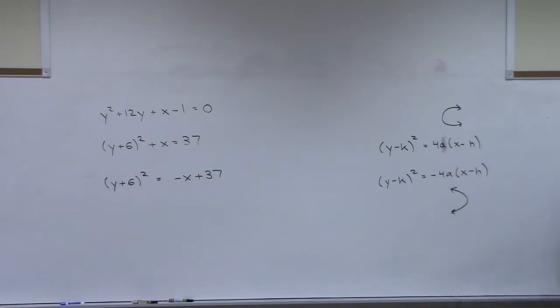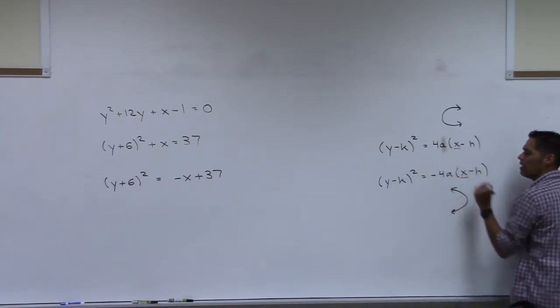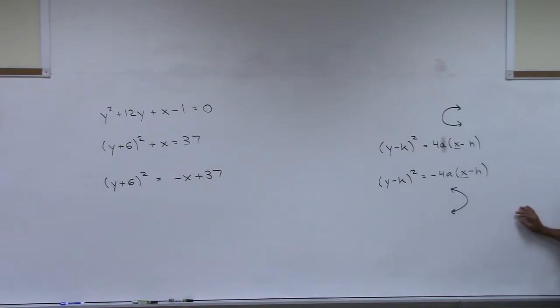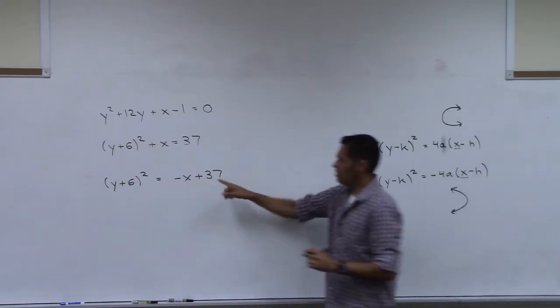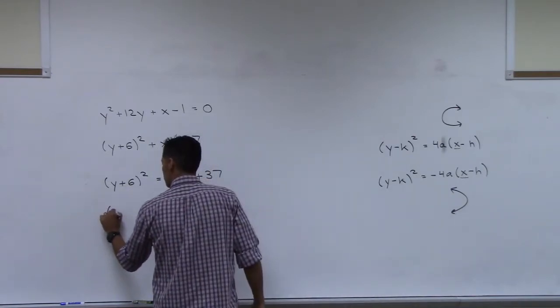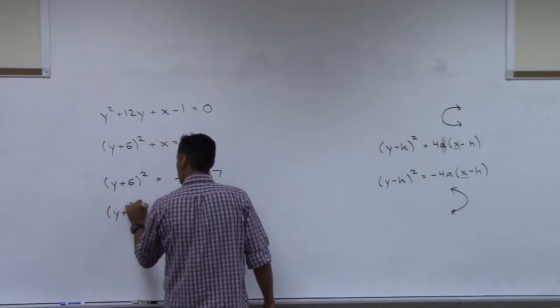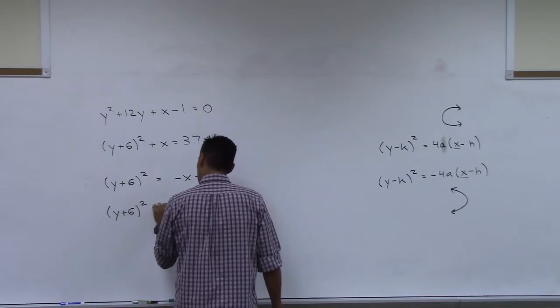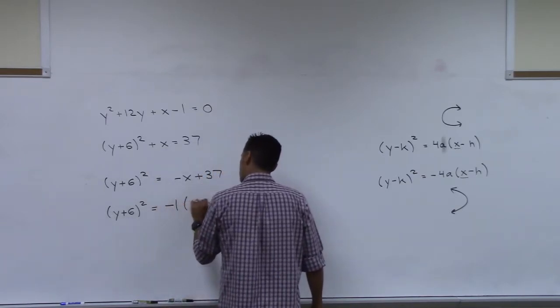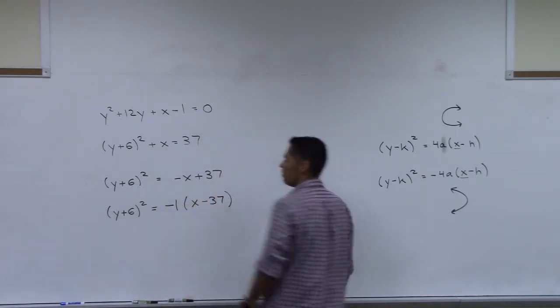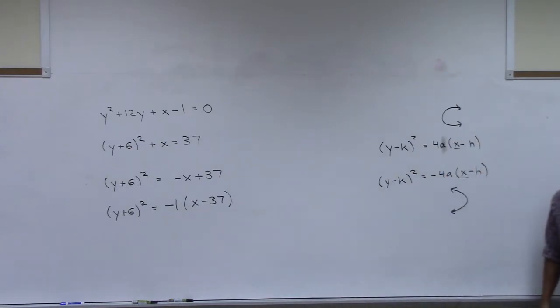And then there's an a, which we haven't determined. And then we have to have in both of these x here, right? So you have to extract a negative 1. Let me try slowly to do this. (y plus 6) squared equals, let's pull a negative 1 out, and that'll give us x minus 37. Y'all okay with that?